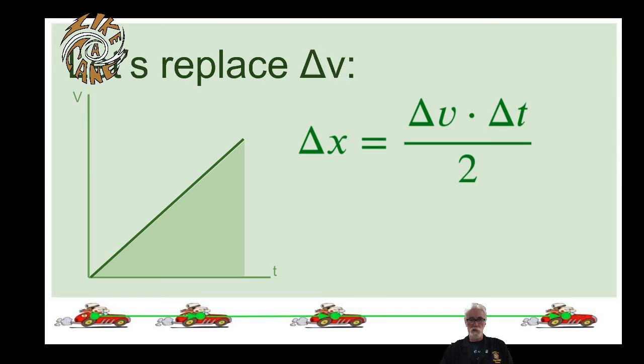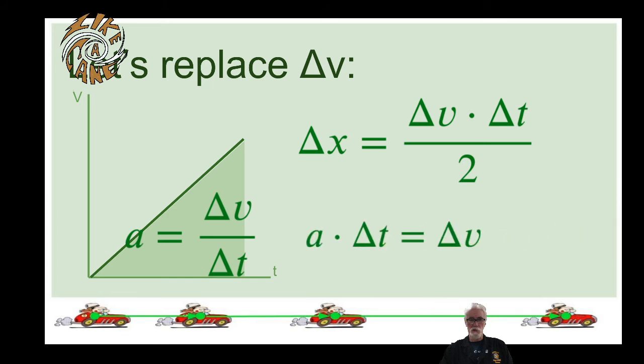Now, it might be that we don't know what the change in velocity is. We just know how much time has elapsed and what the acceleration is. So we can use the definition of acceleration to replace delta v in this equation. Acceleration, by its definition, is the change in velocity over the change in time. If we were to multiply both sides by the change in time, we would see that acceleration times change in time is the same thing as delta v.